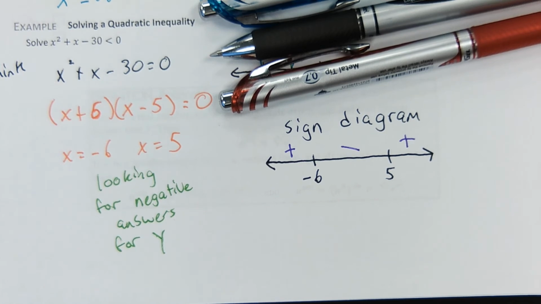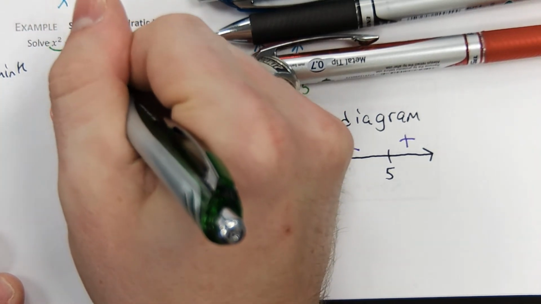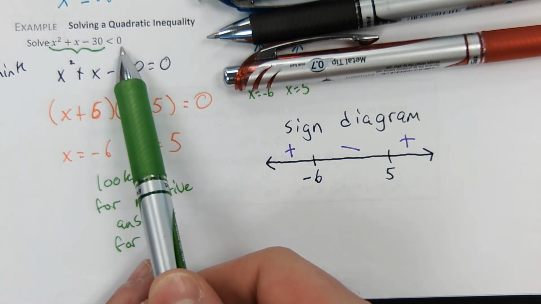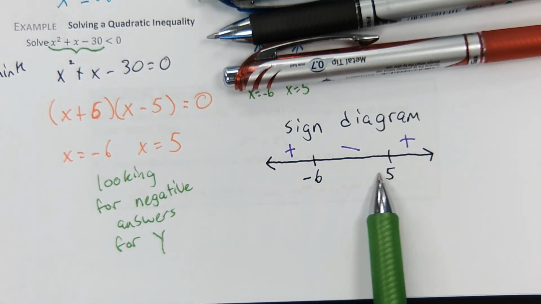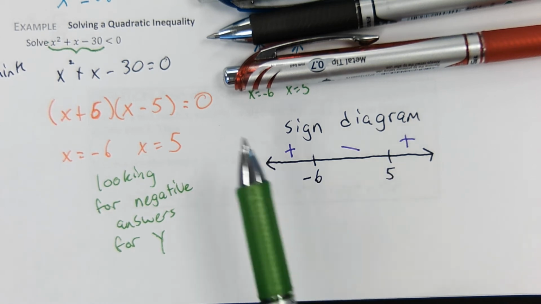You're not looking for negative x's. You're looking for where the y values are negative. This represents a function, so it could be written as y equals x squared plus x minus 30. And what we want to know is when are its y values less than 0, which means when are its y values negative. Our sign diagram says negative y values occur between this x and this x.